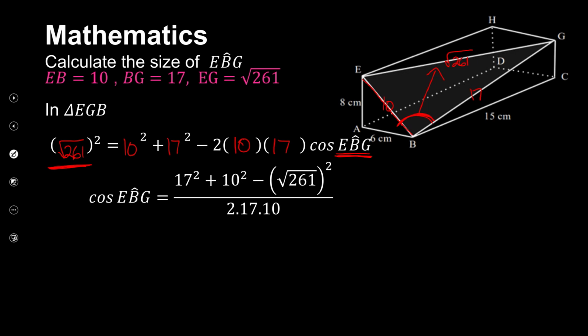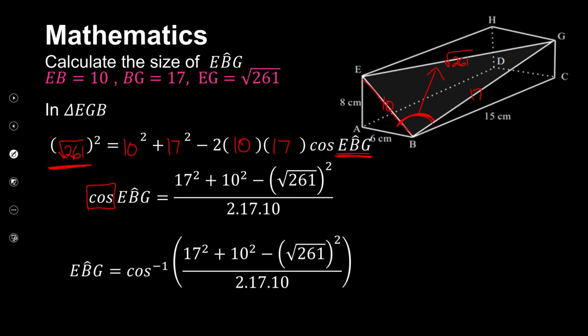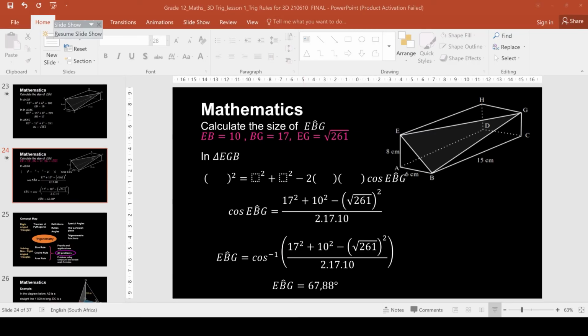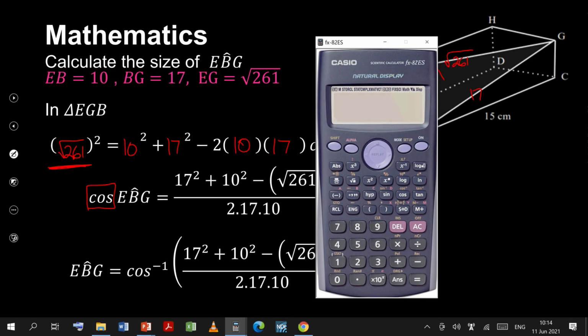You should know that it's going to be 17 squared plus 10 squared minus 261 over 2 times 17 times 10. What's left now is, remember again, because we're using the cos rule, we need to use our calculator to find this. And in order to use our calculator to find an angle, we've got to use shift cos. So basically, we've got to have that. And if we plonk that into our calculator quickly, we should have, so we want to find second function cos, and it's going to be 17 squared plus 10 squared.